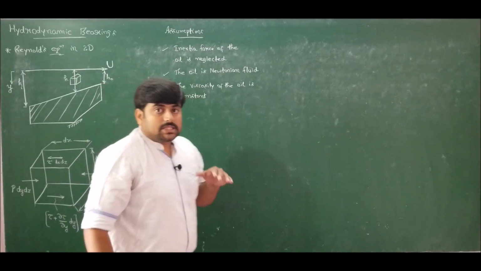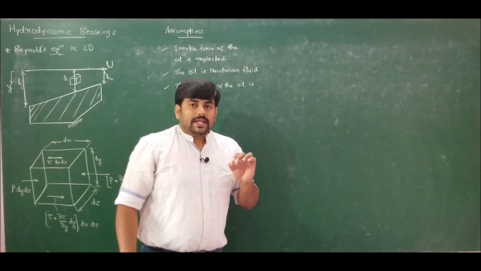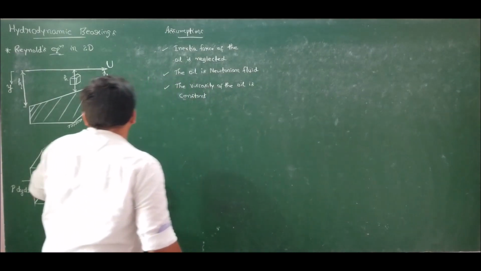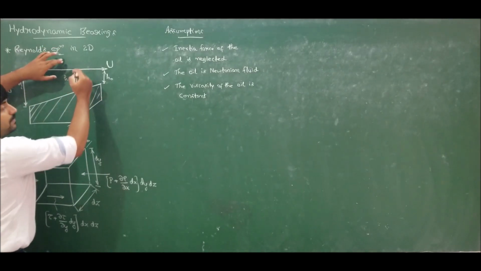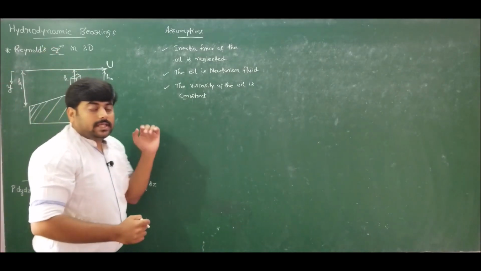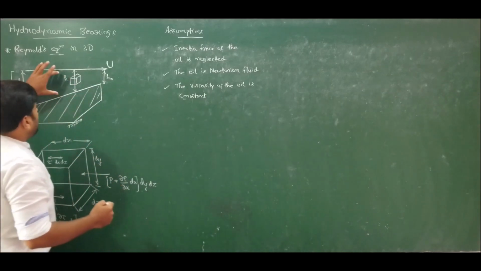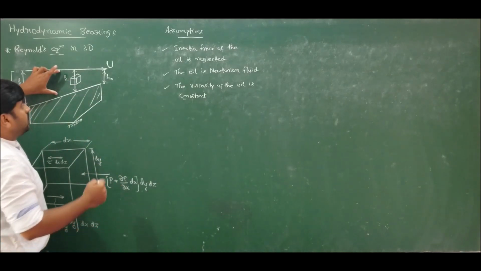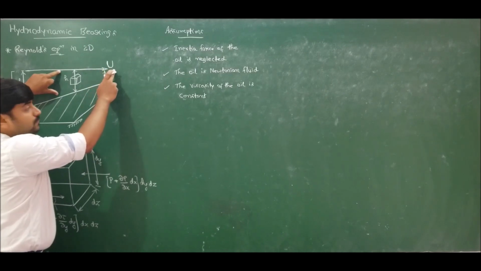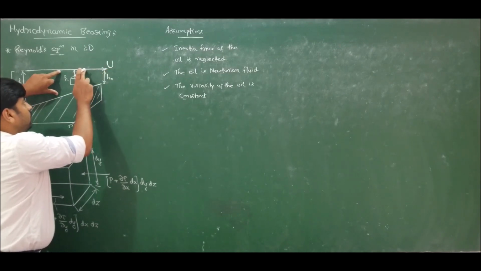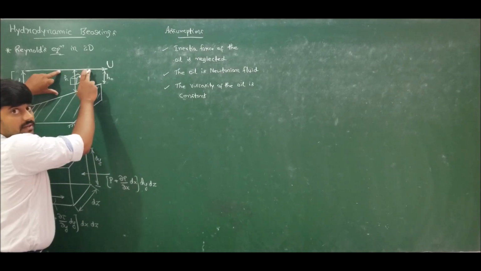Next, there is no slip between the lubricant and the bearing. So this is the bearing and here we have the lubricant. There is no slip between the bearing and the lubricant, which means that at the boundaries, if the velocity is u at the top face, then the velocity of the fluid film adhering to this surface is also u.